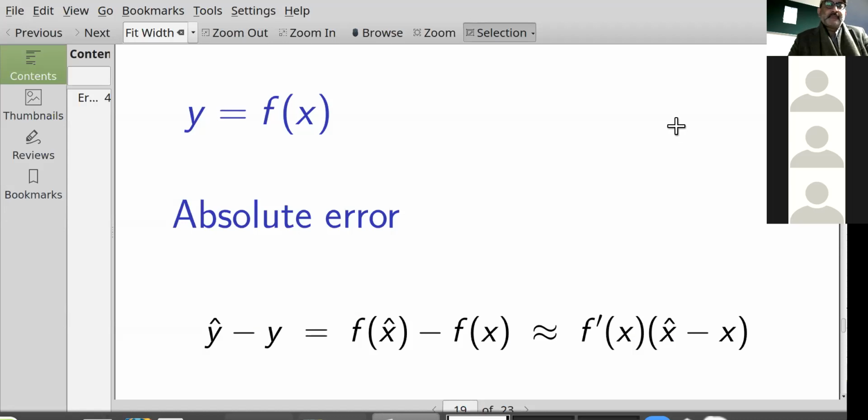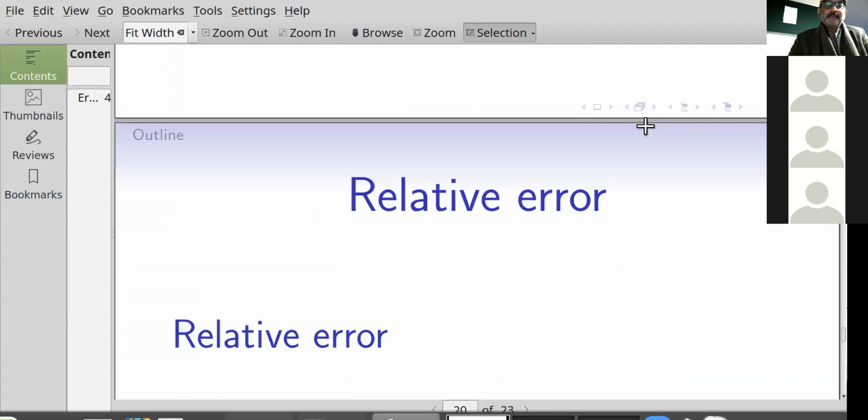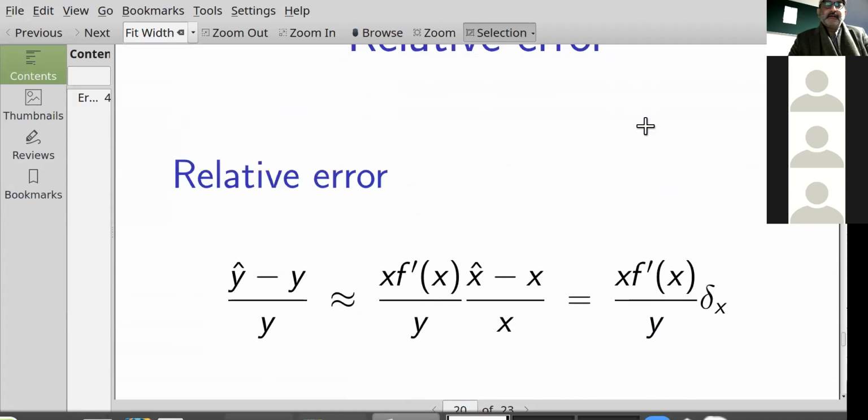Okay, so that was the absolute error. How would I get the relative error out of this? By dividing by the quantity of interest. Yes, so I would divide by y, or by f of x. Okay, so that's what I've done. Now I've got the absolute error, x hat minus x.